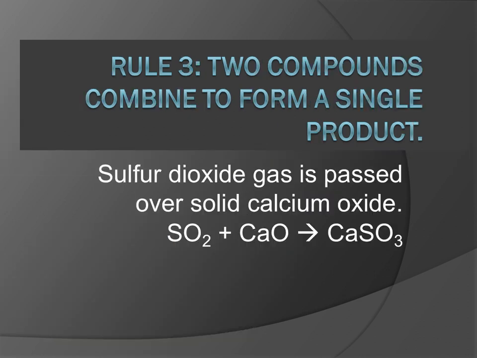Two compounds can also combine to make a single product. Now this is a reverse of the metallic carbonates or sulfites breaking down to make SO2 and the metallic oxide. Here we have the reverse of it. If sulfur dioxide gas is exposed to the metallic oxide, it produces a sulfite. The same thing will happen with carbon dioxide.